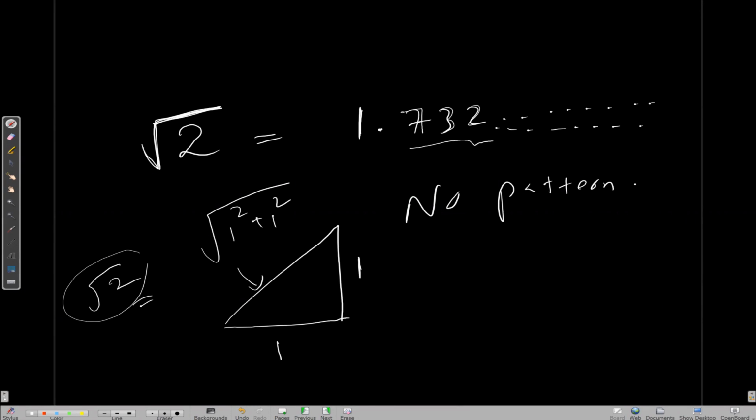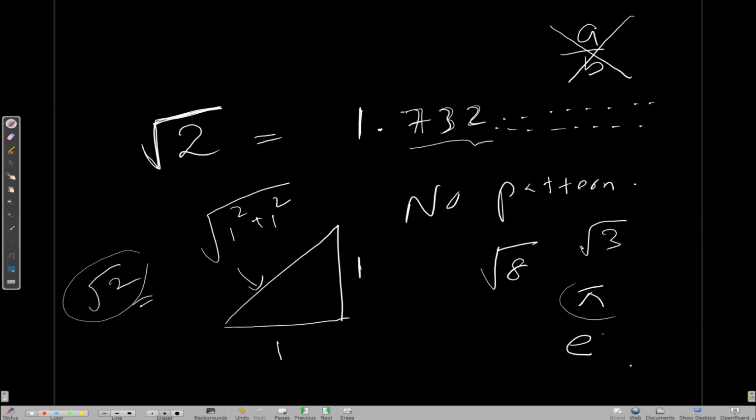So those kinds of numbers are irrational numbers. And the other property, they cannot be written in this form nicely, some integer over some integer. You cannot do that. Other famous irrational numbers, every square root of a number that is not a perfect square, or pi and e, things like that. We'll talk about these things later.